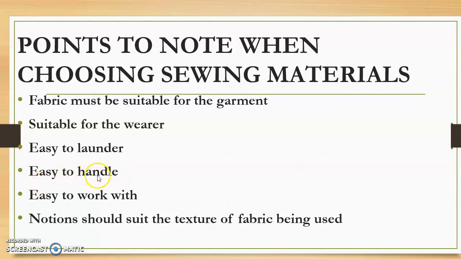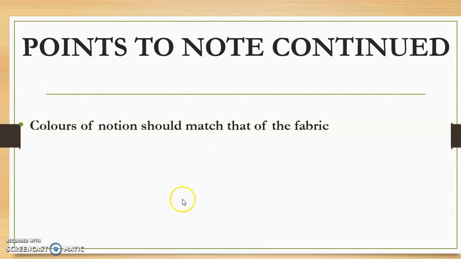If it is too slippery, as a beginner, you find difficulties working with it. It should be easy to work with. The notion should suit the texture of the fabric it is being used for. And also, the colors of the notion should match that of the fabric, unless maybe you want to use it decoratively, where you can use outstanding colors for it.